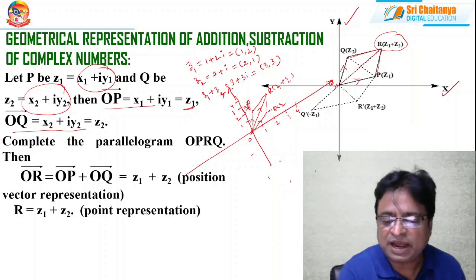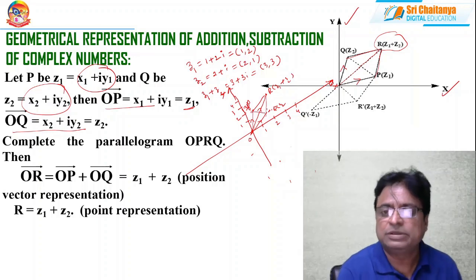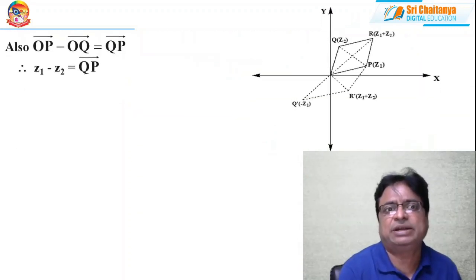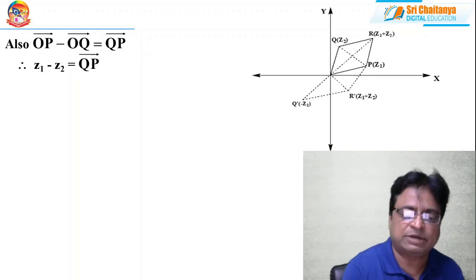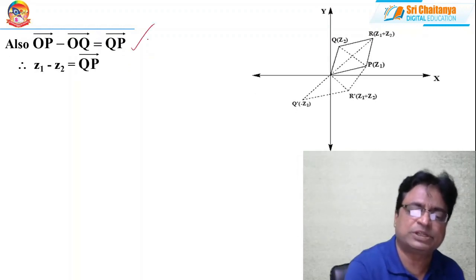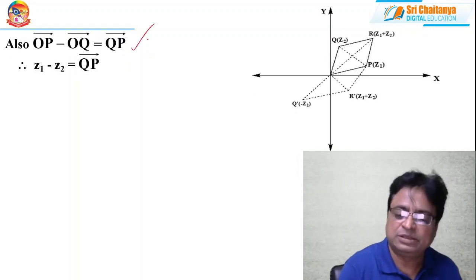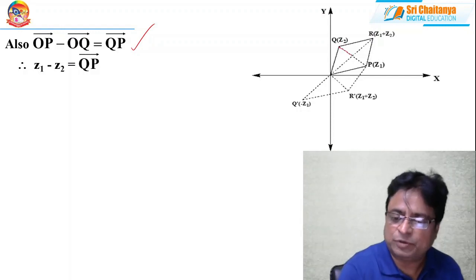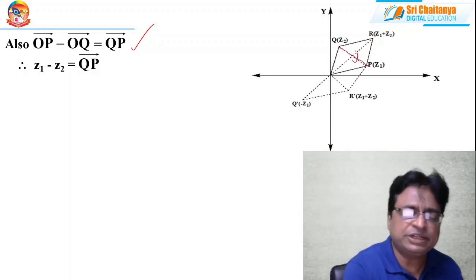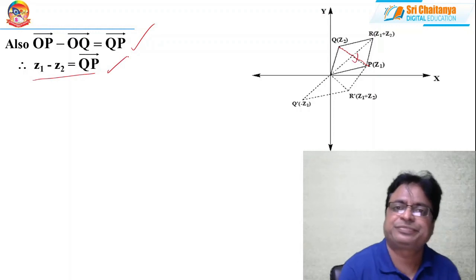The same thing if I consider QR bar, then what is PQ bar? I can write OP bar minus OQ bar, that you know very well. This is QP bar, which is nothing but Z1 minus Z2.